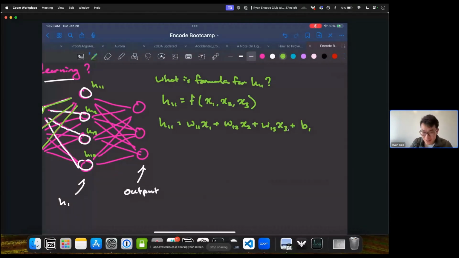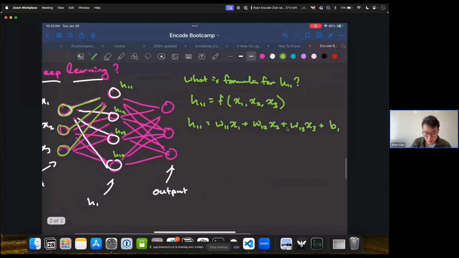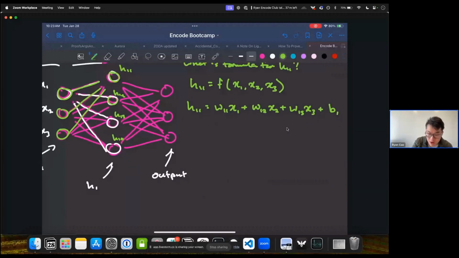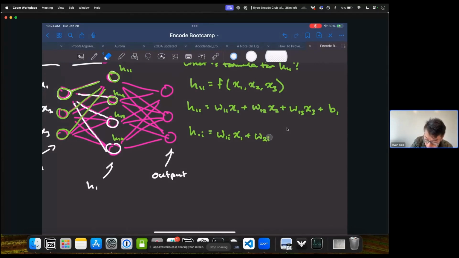Okay, great. So that's the formula for H11. And in general, for any of the H1s, for H1i, the formula is very similar. So in other words, H1i is just going to equal Wi1 X1 plus Wi2 X2 plus Wi3 X3.